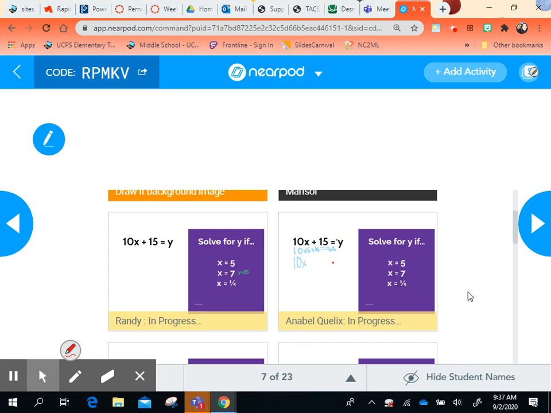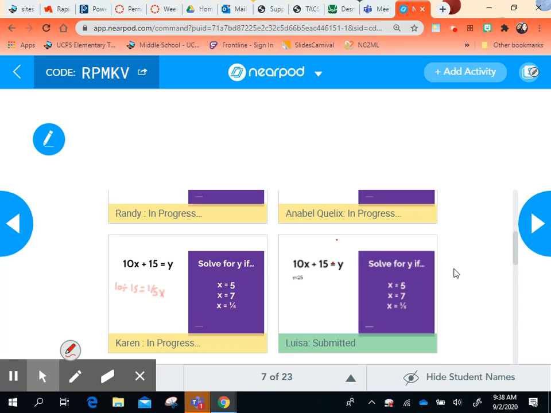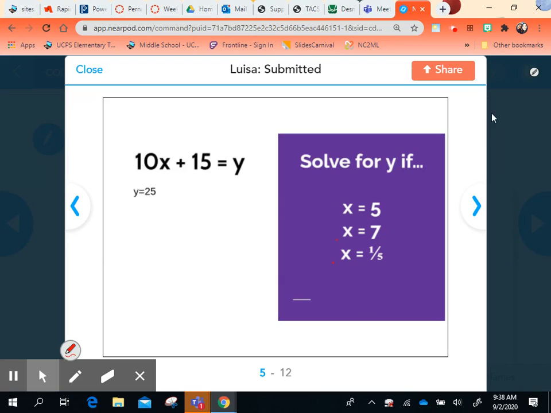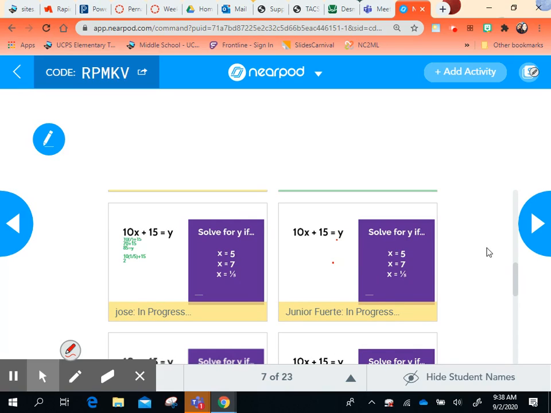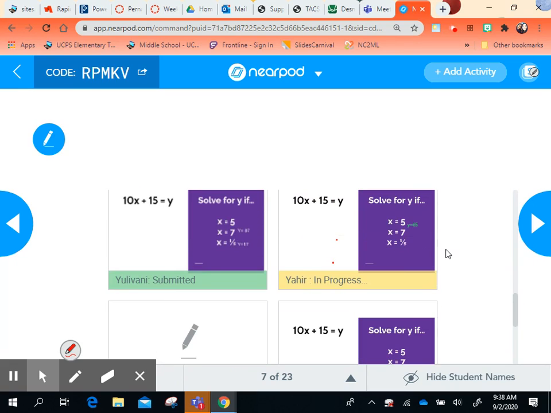Marisol, make sure that you are putting it on the screen. Karen, check out what you're doing. Luisa, same. Good job, Jose. Junior, we already did the first one, you don't have to do the first one again. Start with x equals 7.